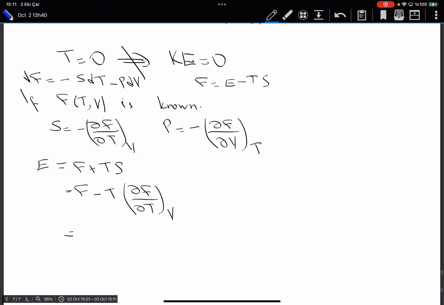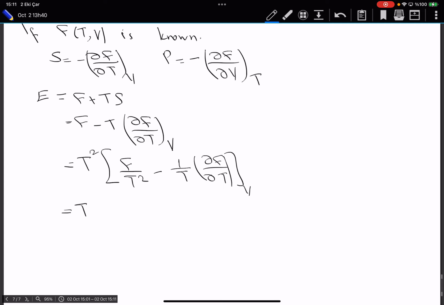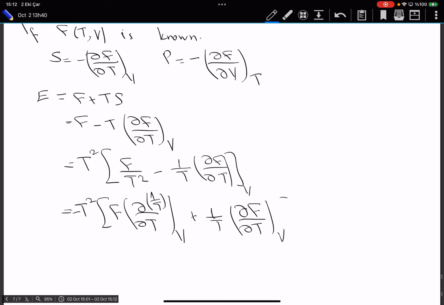Well, let me also try to simplify this a bit. Let me take T squared out. This is F over T squared minus 1 over T derivative of F with respect to T. T squared times, well, let me also take the minus sign out, F times the derivative with respect to temperature of 1 over T, at constant volume, plus 1 over T times the derivative of free energy with respect to temperature at constant volume.